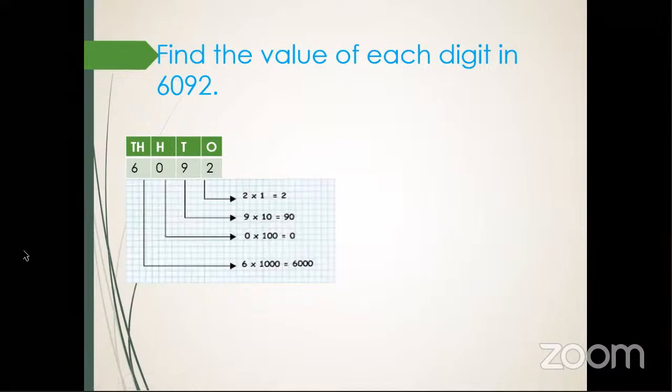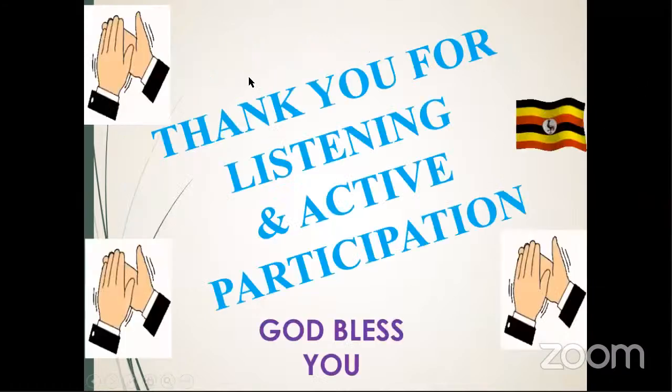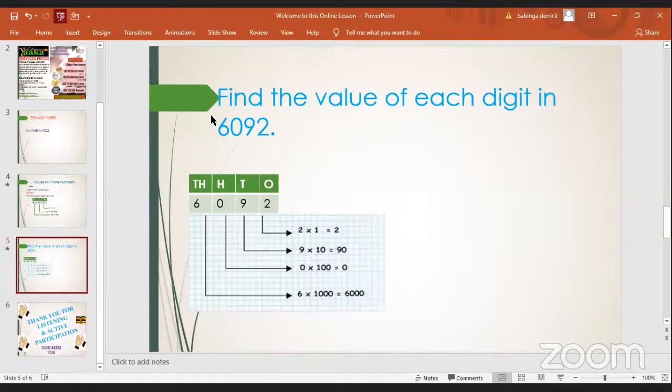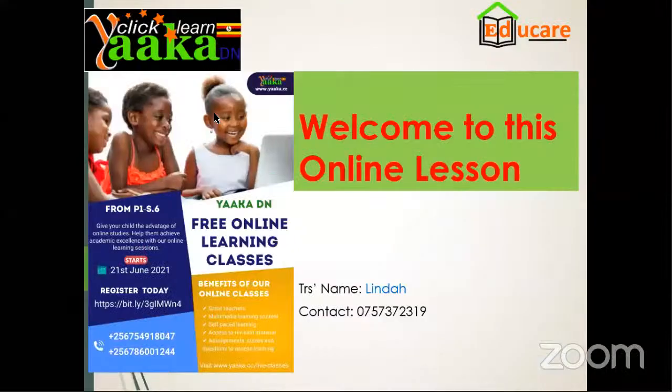And the place value of 6 is thousands. So what we do, we multiply each digit by its place value.